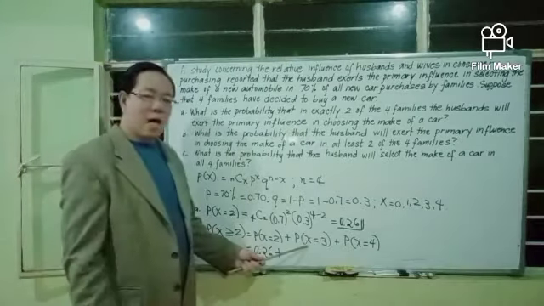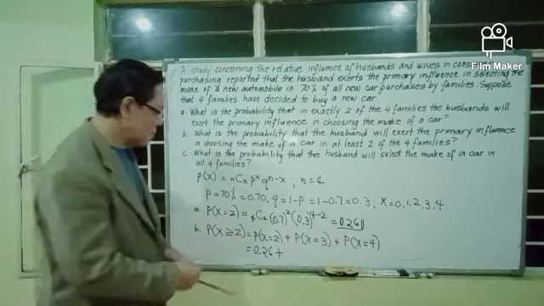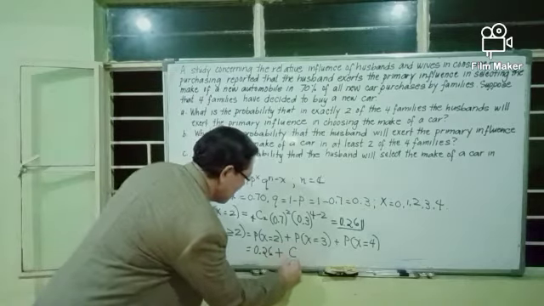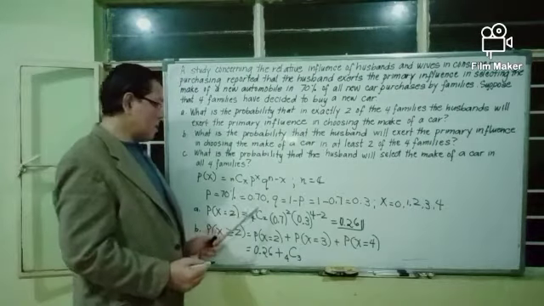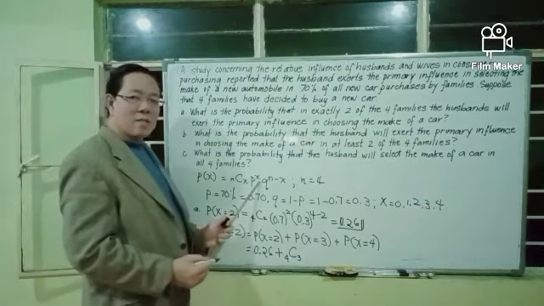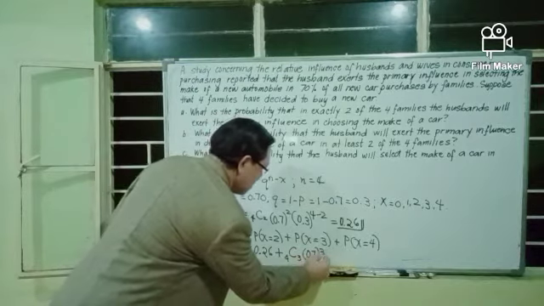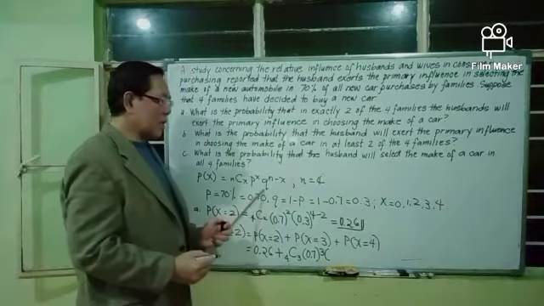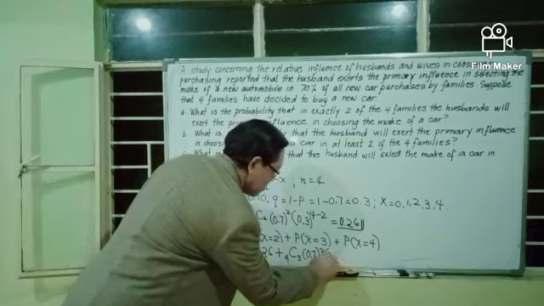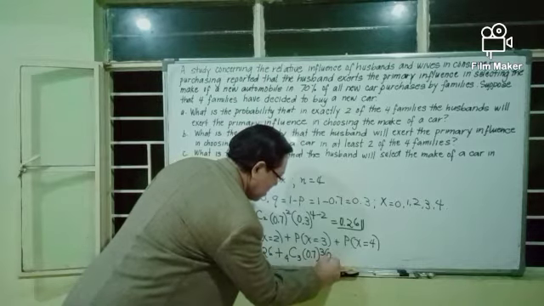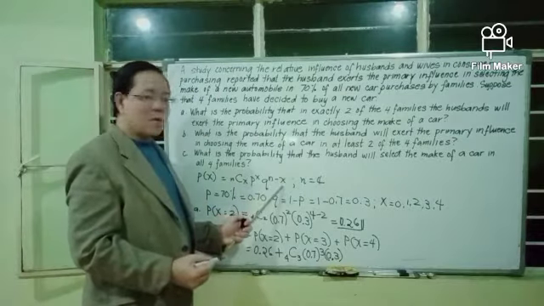The probability that x is 3 using this formula is equal to combination of 4 taken 3, times p, which is 0.7 to the power x is 3, multiply by q, 0.3, to the power n is 4 minus x is 3.